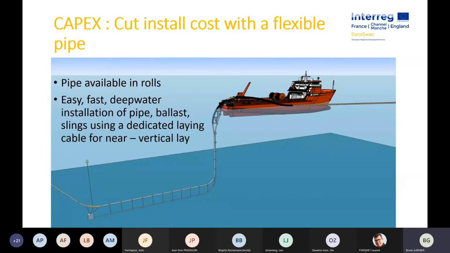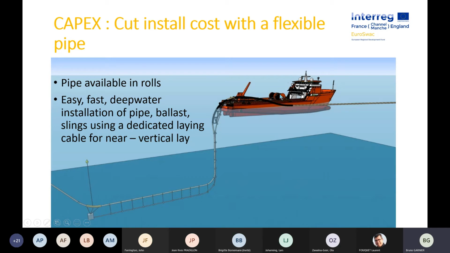If we think about this install, you see the boat, you see they have two rolls on the boat. The first roll has the pipe, the flexible pipe on it, and the second roll has a chain that is used to ballast the pipe.